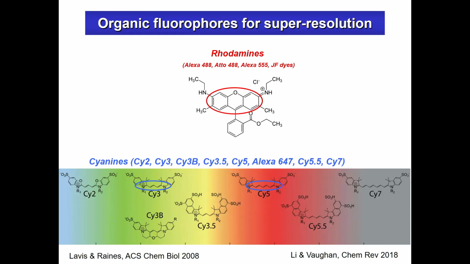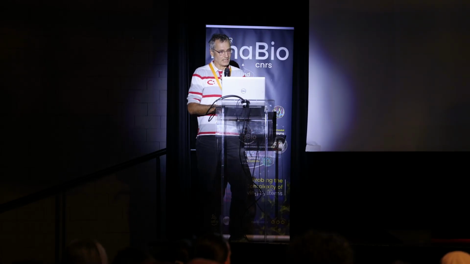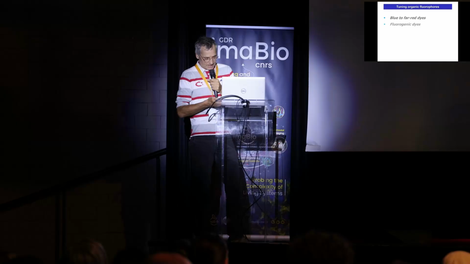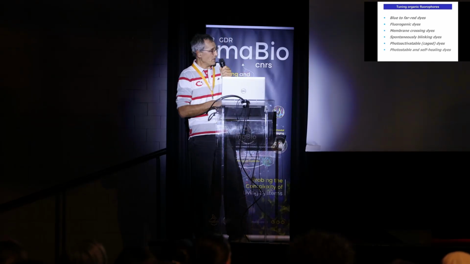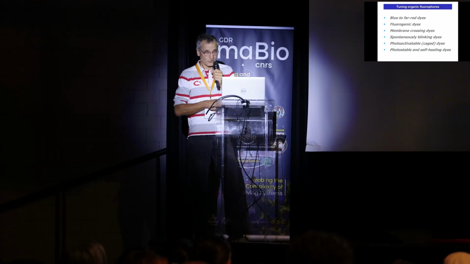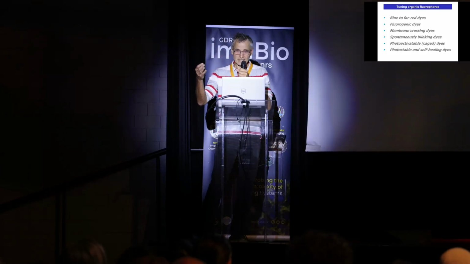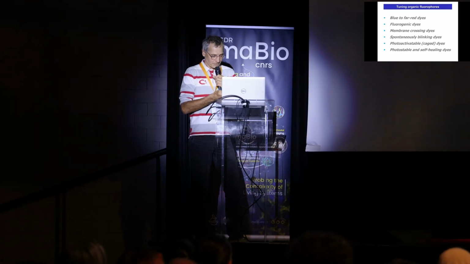So there is a huge amount of work done on the development of organic fluorophores, and we can cite a few rapidly. The engineering of many different colors, and a lot go to the red to far red. Dyes that are fluorogenic, so they only become fluorescent when they bind at the proper place for labeling.